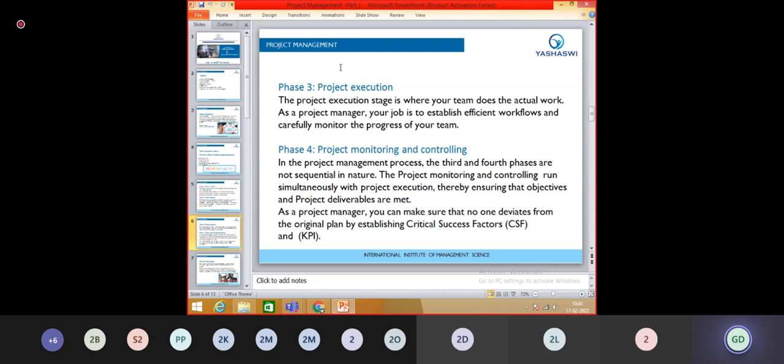At the time of creating any plan, you need to go with the teams who are actually working on your project, to manage your jobs, establish efficient workflows and carefully monitor progress with the consideration of project field work.